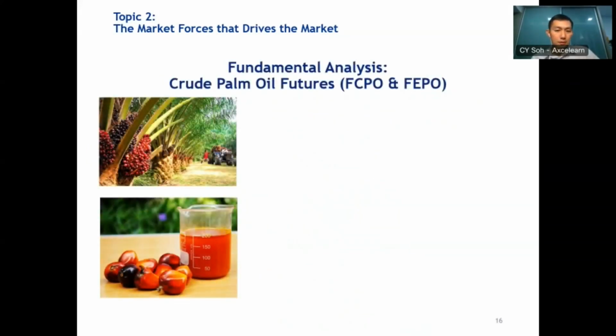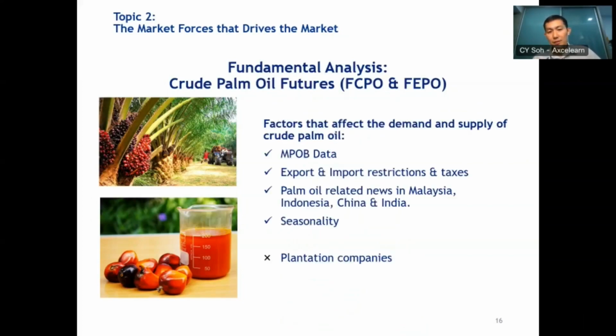Next, for commodity futures in Malaysia, we have FCPO and FEPO. For fundamental analysis of crude palm oil, you want to look at the factors that affect the demand and supply of CPO, such as the MPOB data, where we generally look at production, stocks, and many other things, and the import and export restrictions and taxes for CPO.